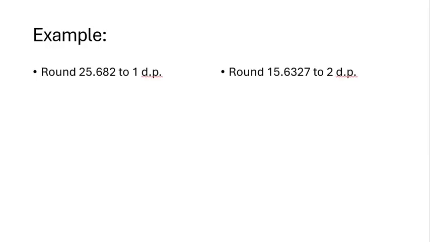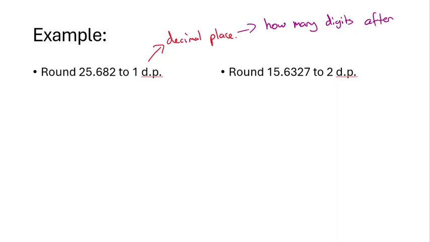Alright, round 25.682 to 1 dp. dp just means decimal place. Now basically decimal place just means how many digits after the decimal point.